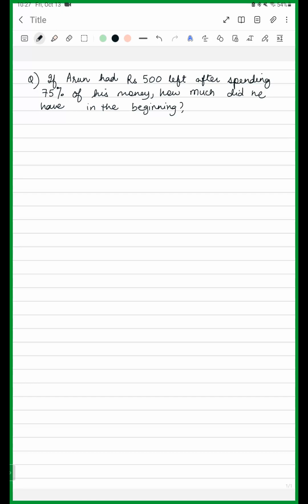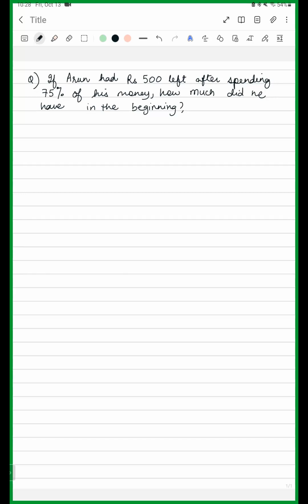Then the 8th one. Is the only rational number which is equal to its own additive inverse. Zero. What is the additive inverse of 1?